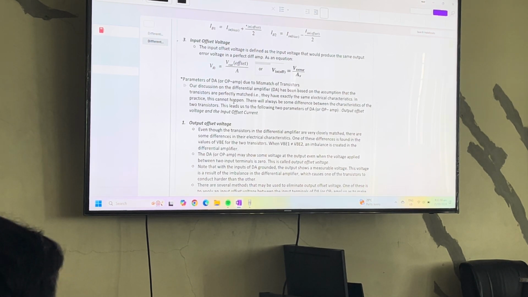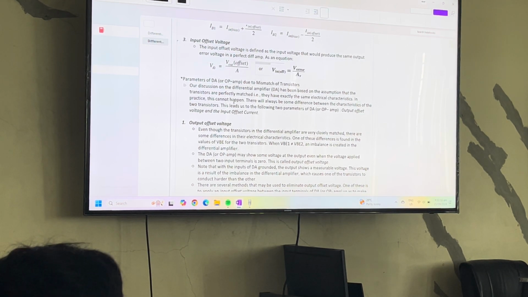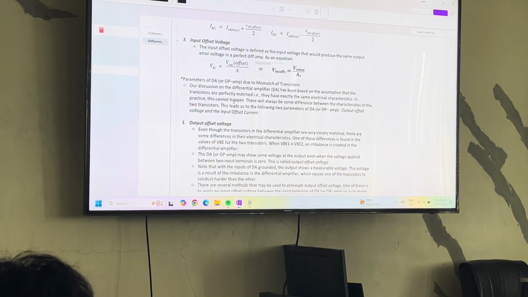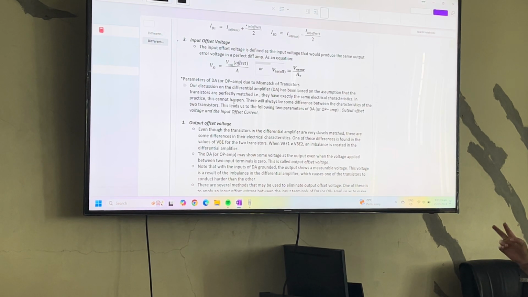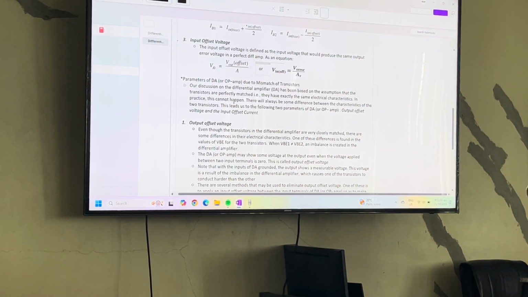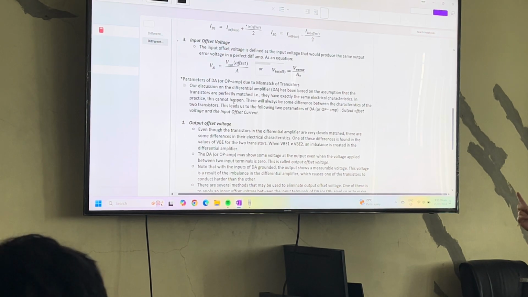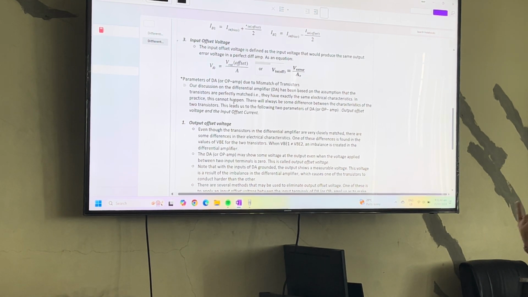This leads us to the following two parameters of the op-amp: the output offset voltage and the input offset current. The input offset current is one of the parameters showing the mismatching of transistors, and it is one of the most important parameters on the designer's datasheet.